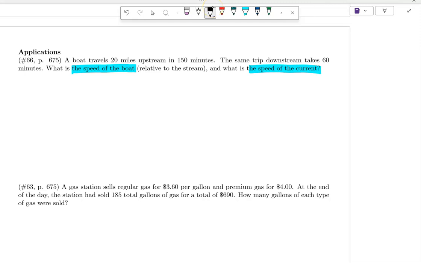So if that's what we're looking for, and we've been solving for x and y, what can we say x and y are going to be equal to? X is probably going to be equal to speed of the boat, and y is going to be equal to speed of the current. So we'll write that down just so we don't forget.